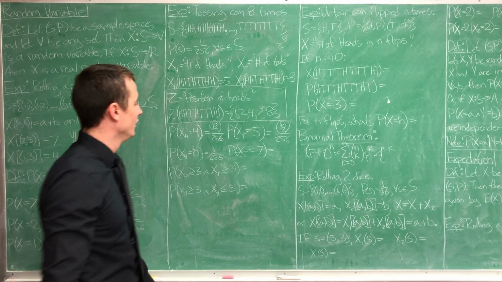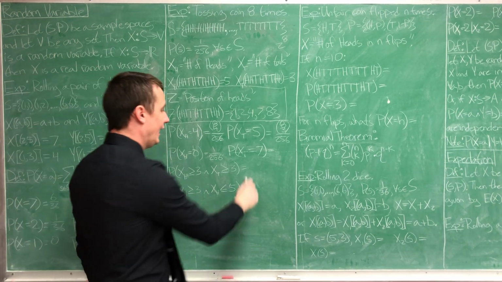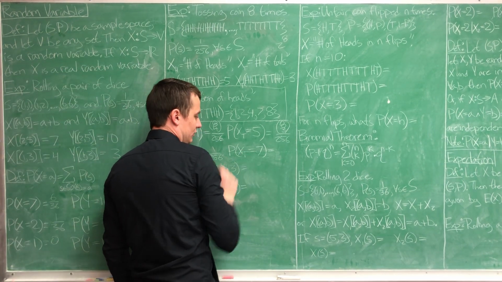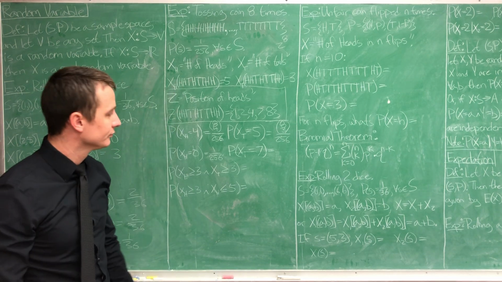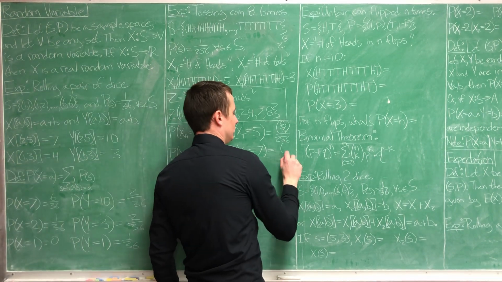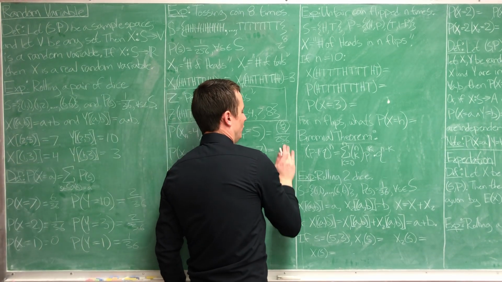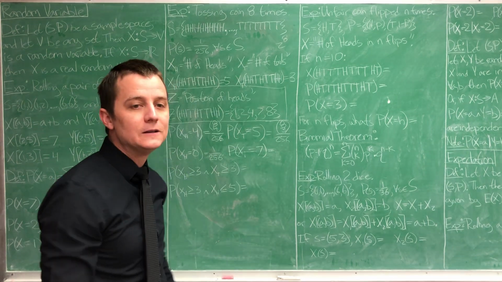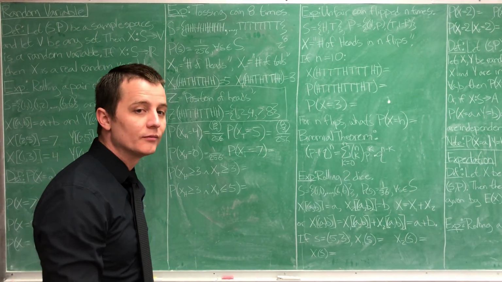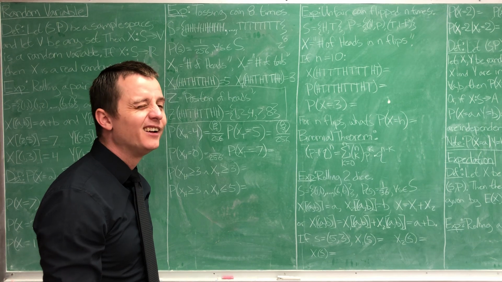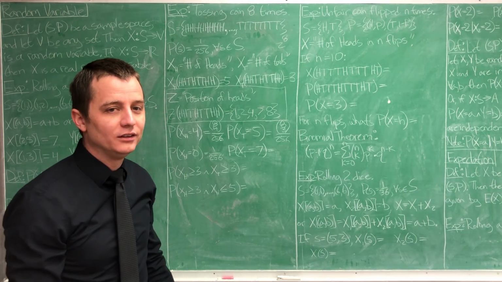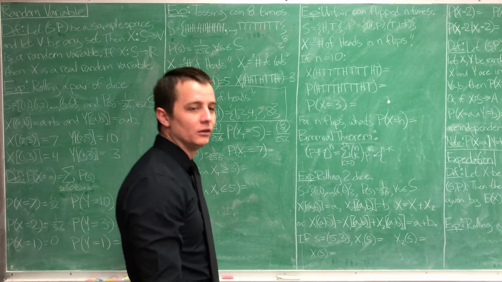Okay. What's the probability that I have 7 tails? 8 choose 7 over 256. What is 8 choose 7? It's 8. 8 choose 7 is the same as 8 choose 1.